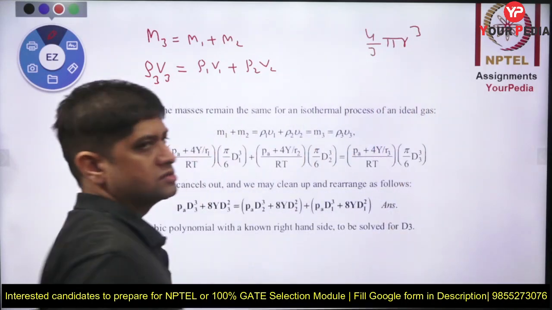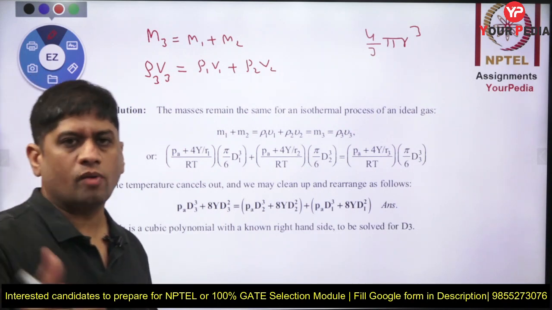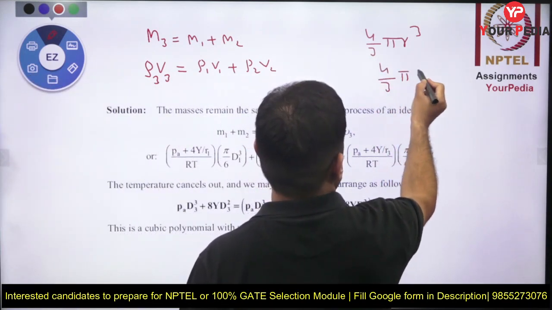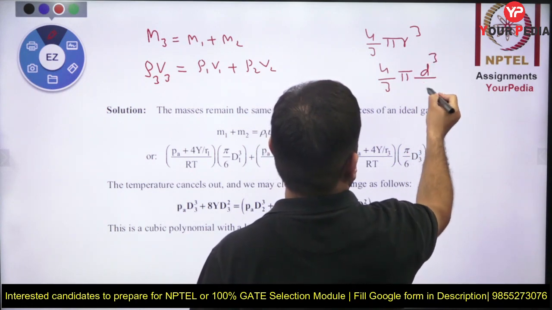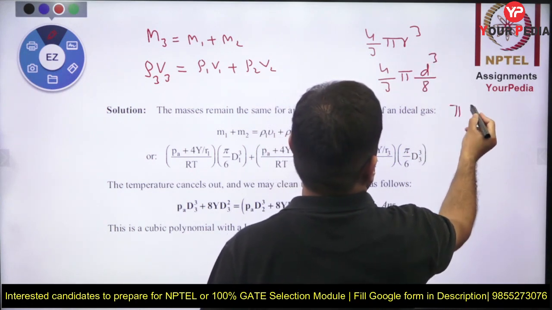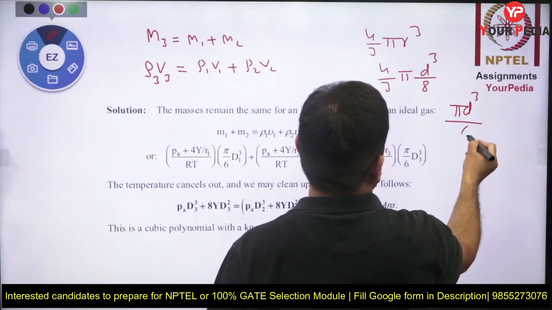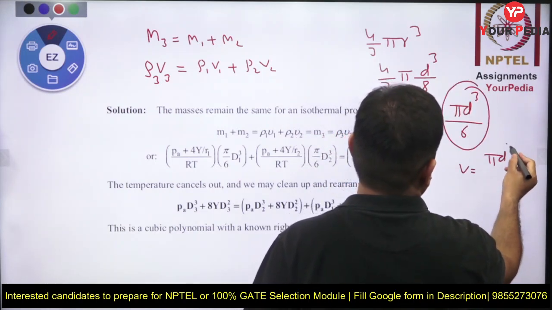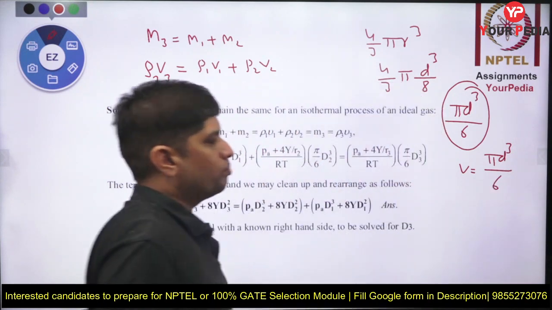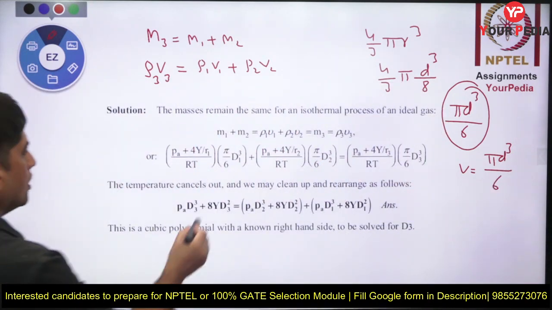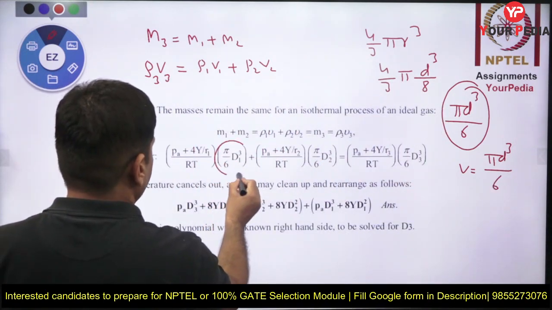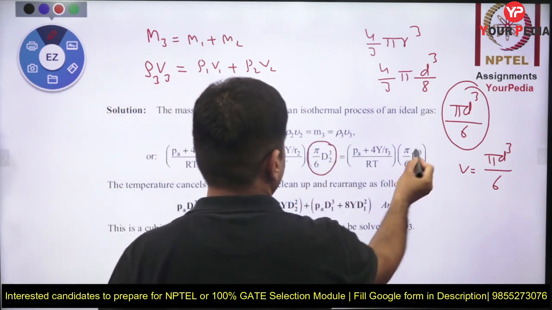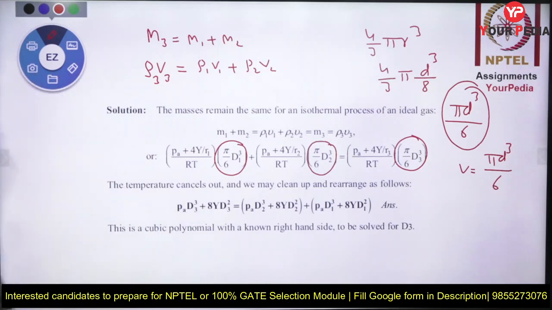In terms of diameter, how can I write this? 4 by 3 pi d cube by 8 comes out to be pi d cube by 6. So the volume of a bubble is pi d cube by 6. So rho 1 pi d1 cube by 6 plus rho 2 pi d2 cube by 6 is equal to rho 3 pi d3 cube by 6. I hope you understood this.